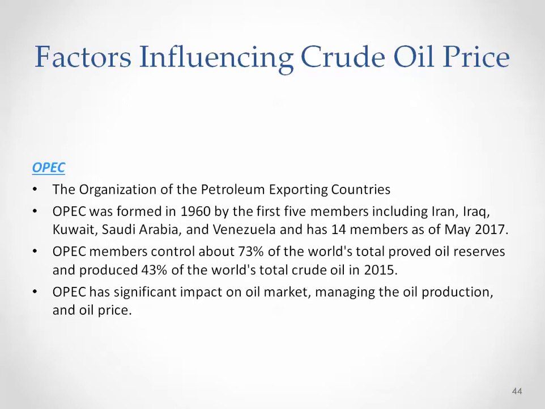OPEC produces around 43% of the world's total crude oil in 2015, and OPEC members control about 73% of the world's total proved oil reserves. So every decision, every agreement, or even meetings that don't come to an agreement can potentially affect the price of crude oil.